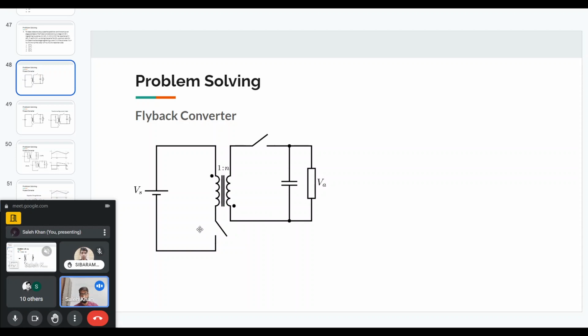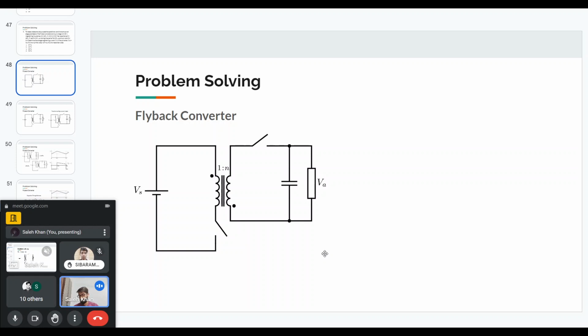But with isolation, the output terminal is isolated from the input terminal, so it can be connected to other converters in series or in parallel. So these are the main reasons why we use isolated converters.